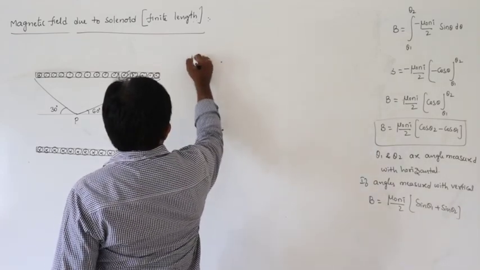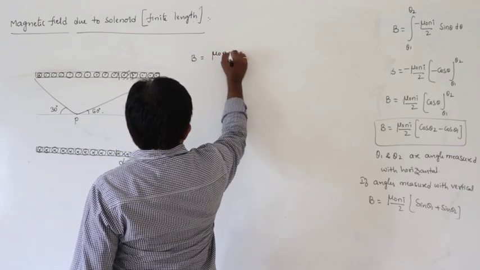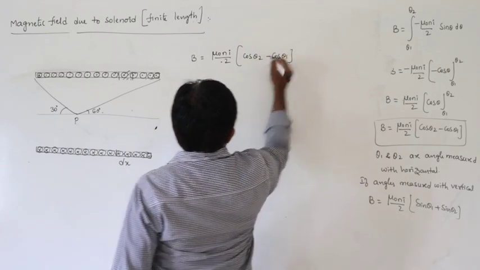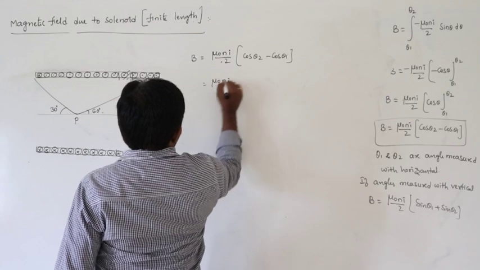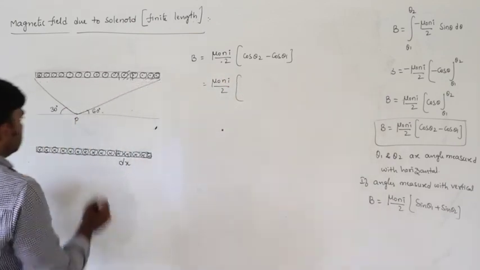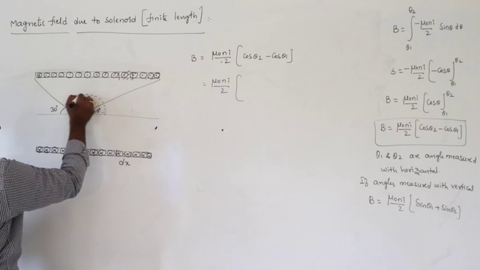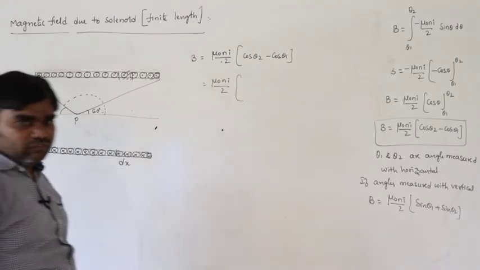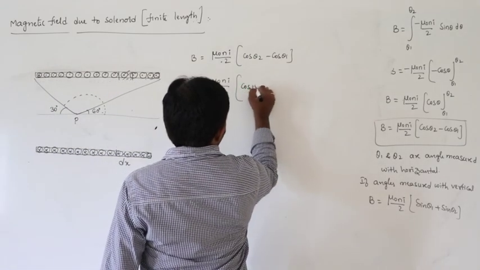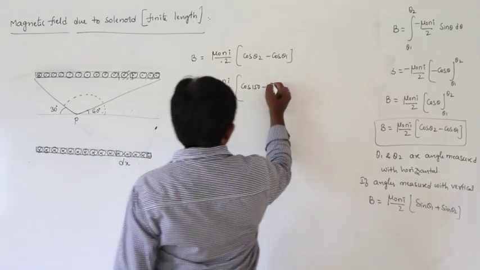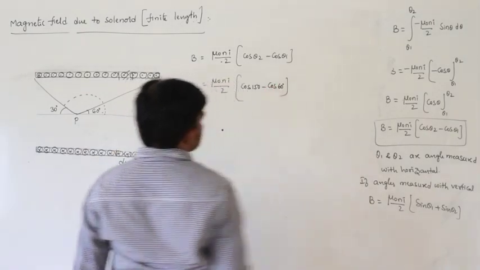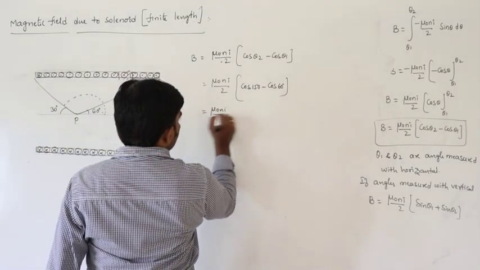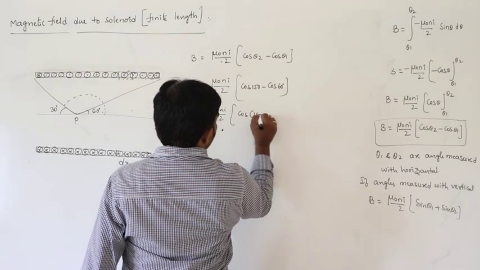See here, the general formula is B equal to mu naught Ni by 2 into (cos theta 2 minus cos theta 1). Theta 2 must be measured from this position; this is the total angle. The angle mentioned is 30, so the remaining angle is 150. So cos 150 minus cos 60, since the other angle is given as 60.